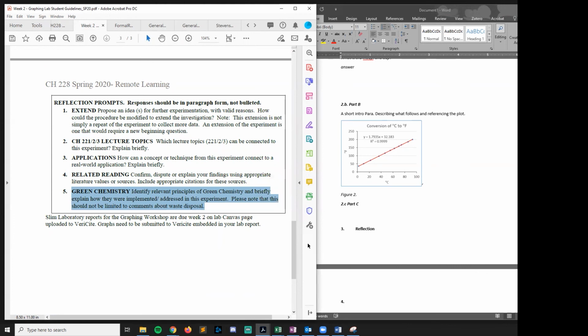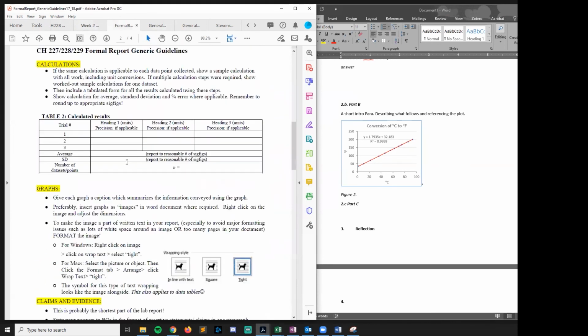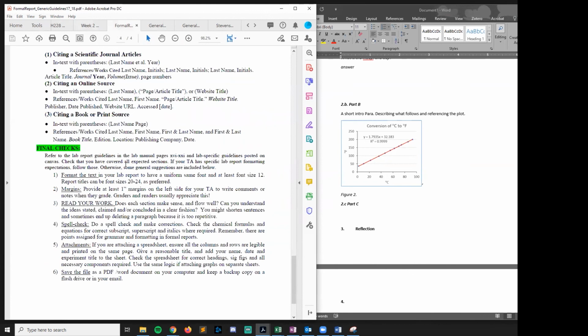Every journal you write for someday as a scientist might have different standards, so I'd say just pick one and be consistent. I don't know if there's a standard for this class as a whole, but I'm the only one grading your reports, so I don't mind. But it does have to be a proper citation, and there are guidelines about that. I'm not going to go through that today.